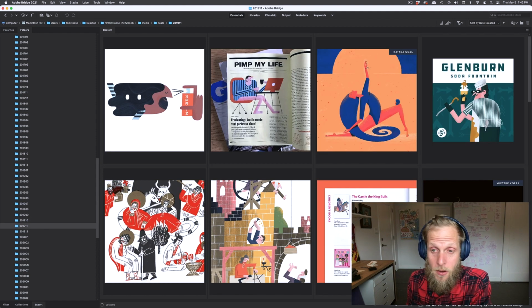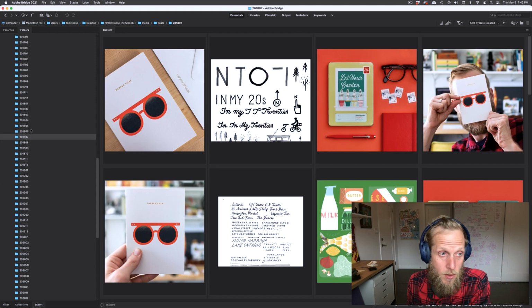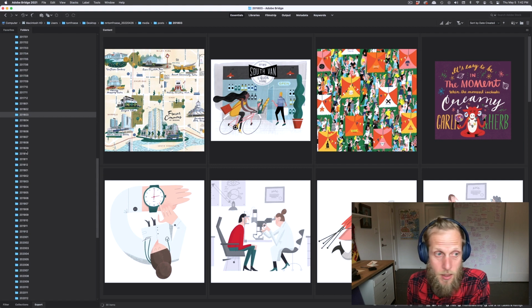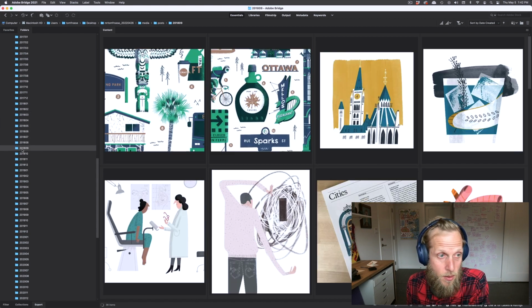Another huge thing that developed for me at the time was my color palette. So just looking back here, I think around the time that I was working on those maps for GQ, I had started to identify colors that I liked working with the most.